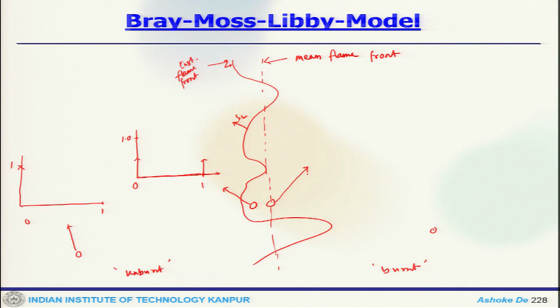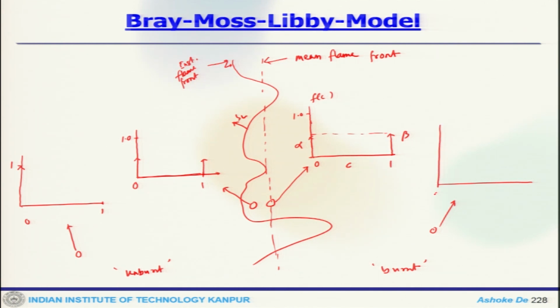Here along the mean flame front position, you can define that this is beta, 1, C, 0, alpha, and somewhere 1, that is our FC, and at this, this is 0, C goes to 1, so it goes like that, it goes like that, that is 1.